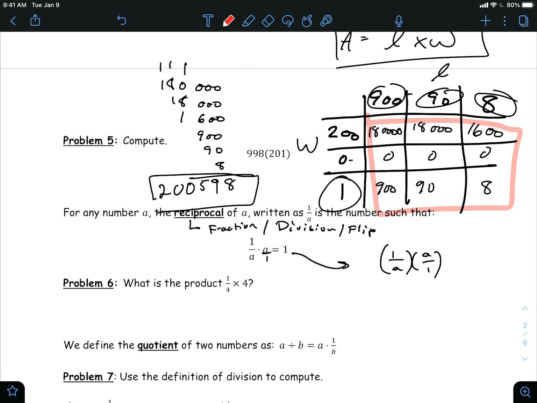You multiply fractions together. You always take the top times the top and the bottom times the bottom. So you're going to get a over a would be the next line. What is a divided by a? Does it matter? Forget that it's a. What's 4 divided by 4?